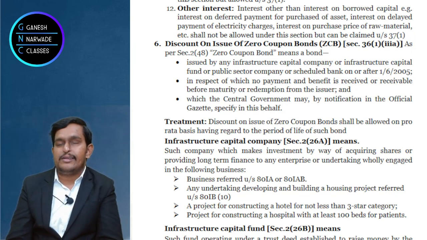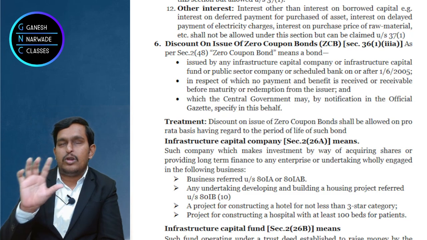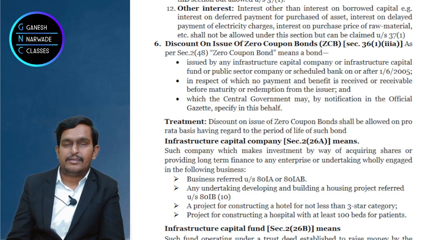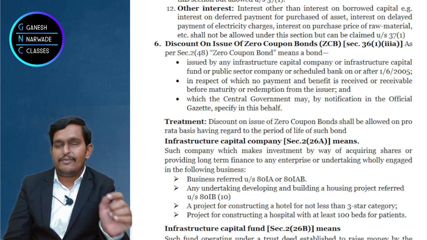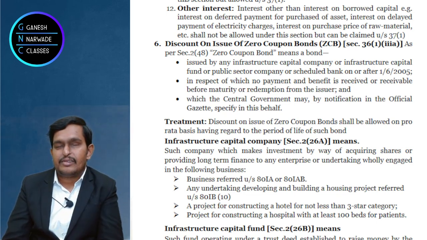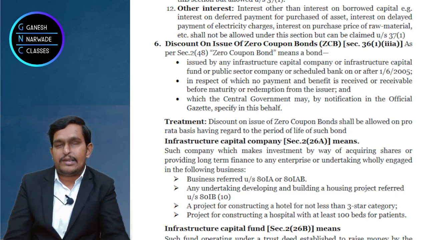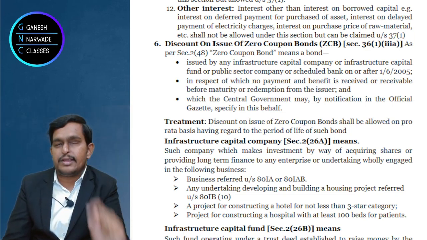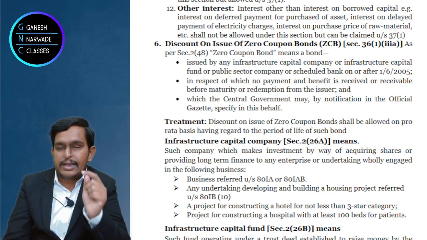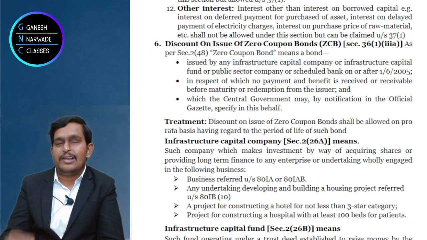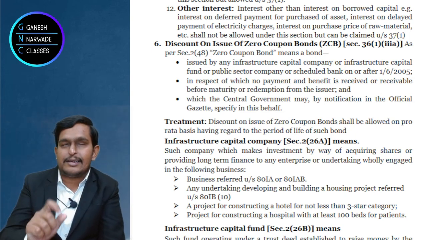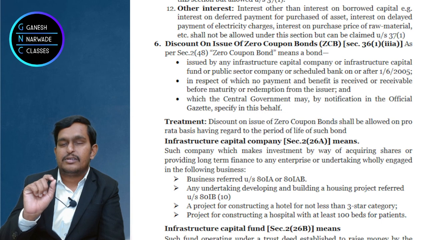So what they do is they divide the whole period into months. Whatever the 5 years period is, they first divide it into months. And once the number of months is clear, whatever discount is there, suppose 40 rupees, they divide it by the number of months and accordingly they will claim the deduction under section 36 subsection 1 clause 3a.